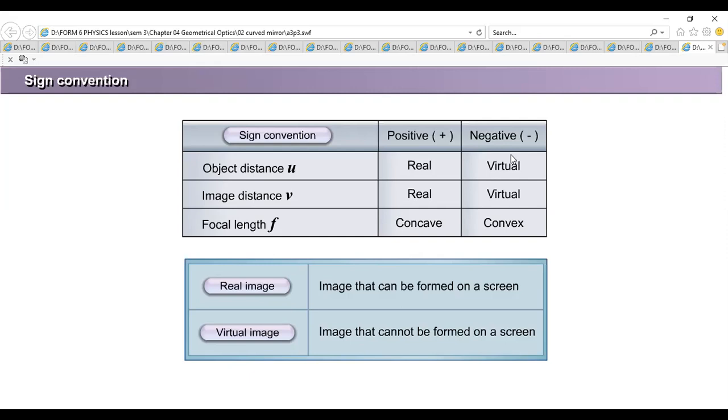So we must make it clear. For a real image, no problem. Everywhere we can see it, either in the optical instrument or on the screen. For a virtual image, we can only see the image in the optical instrument, but we cannot see the image reflected and formed on the screen. There will be no image formed on the screen. We can view a black spot only. No clear image formed. Next.